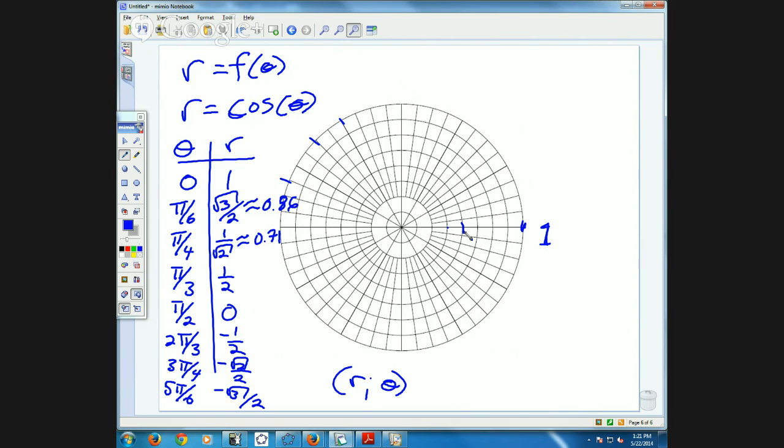Okay, so 0, 1 is my first point. I'm going to plot that in red. That's going to be right here. Pi over 6, 0.86. Now I have to figure out where that is. Pi over 6 is this line right there. Maybe 8 wasn't a good idea.